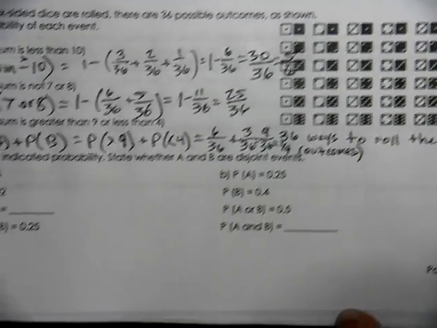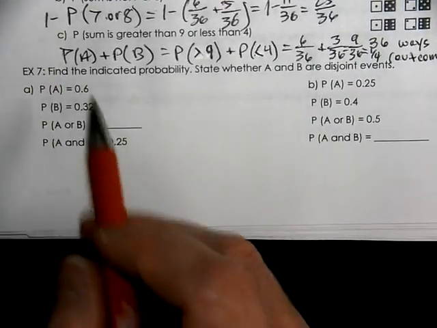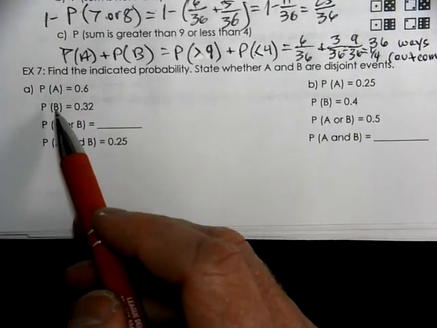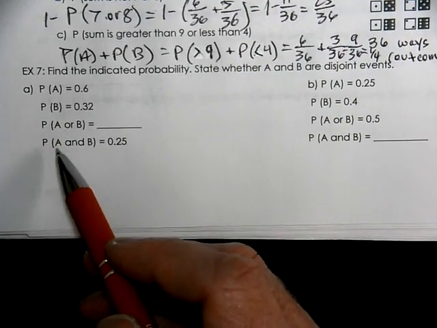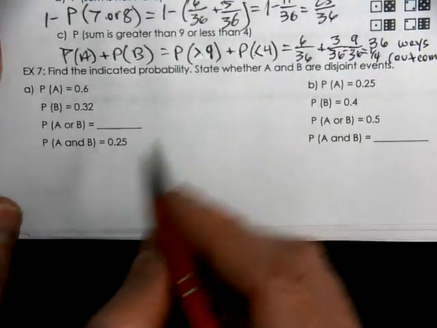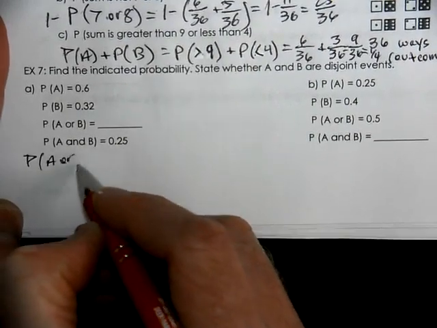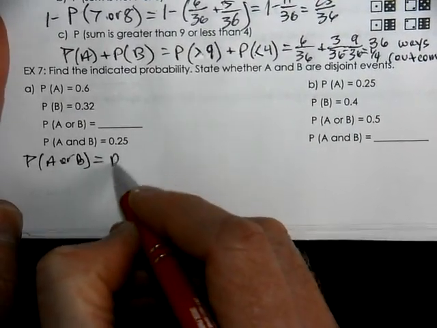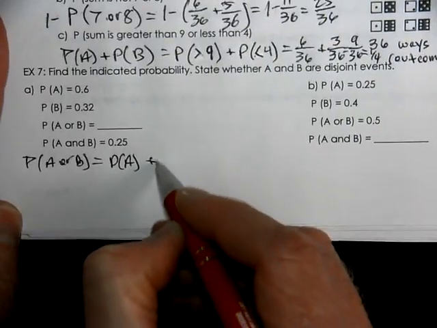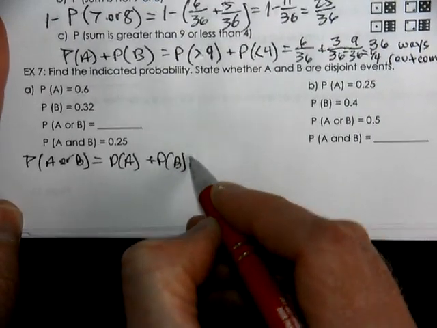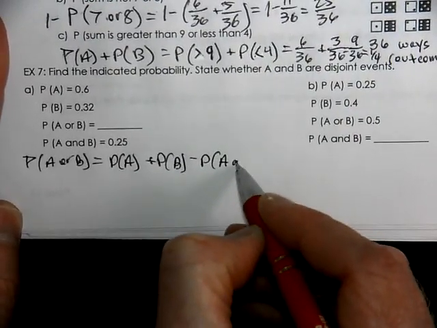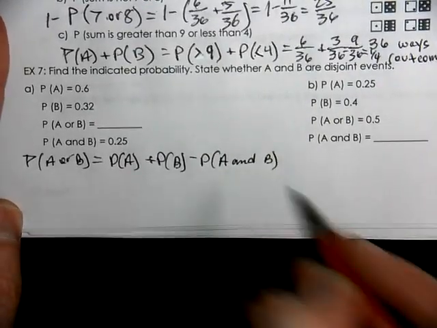Okay, last set. Notice how they have the A, the B, the A or the B, and the A and the B. So we're going to use our formula: the probability of A or B equals the probability of A plus the probability of B minus the probability of A and B, what we did in the very beginning.